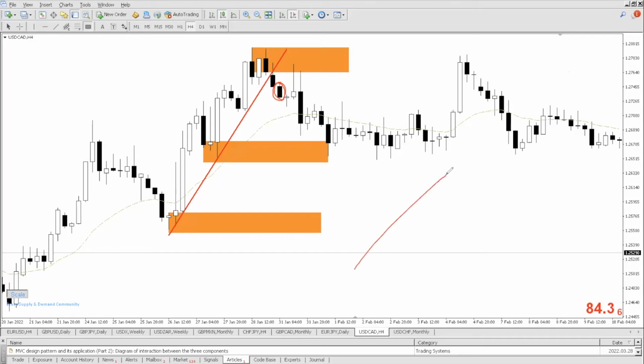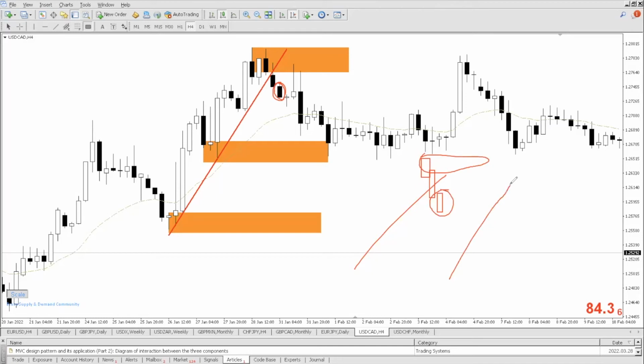Like if this is a trend line and price is falling usually like this, and then you see this one here, that's when you can consider that zone valid, which means your zone will be here. Okay.